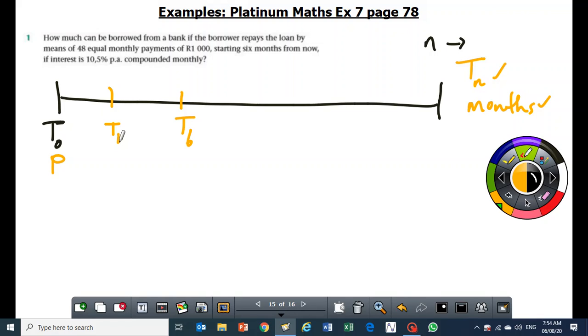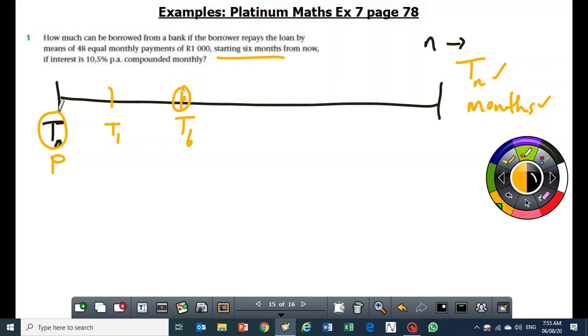So here the question is saying starting 6 months from now. So where do your 6 months end? The 6 months end here, at the beginning of T6, where you are starting the 7th month. If a payment is made here and we are dealing with a loan, it means that T naught is excluded.